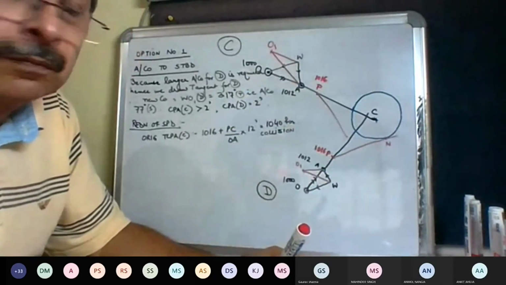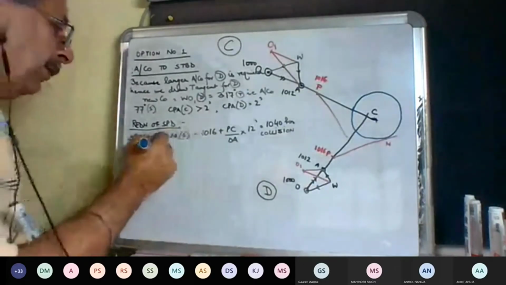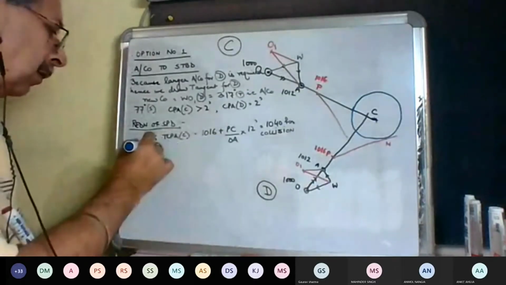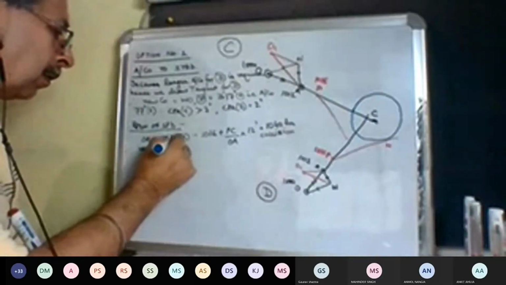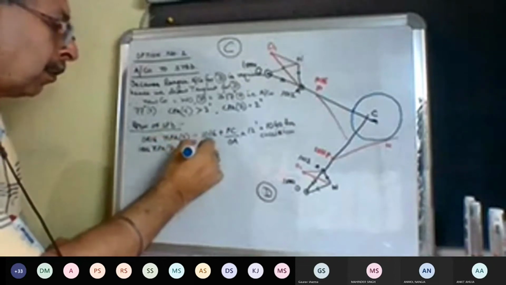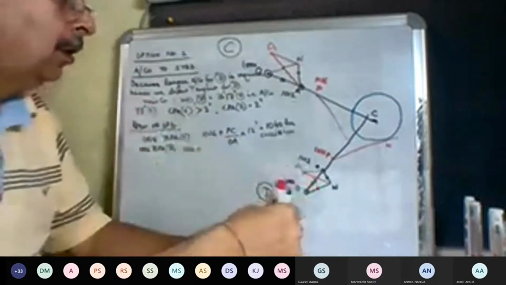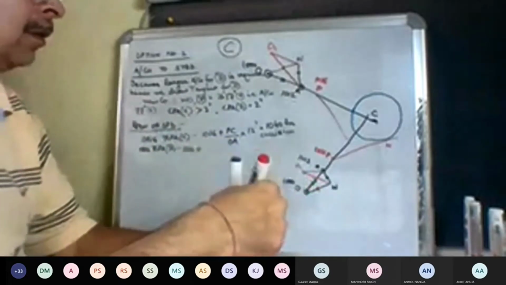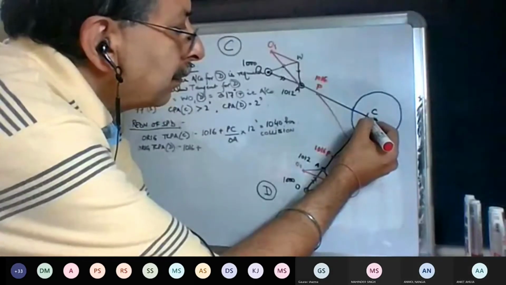Okay. Now calculate the original TCPA for delta.